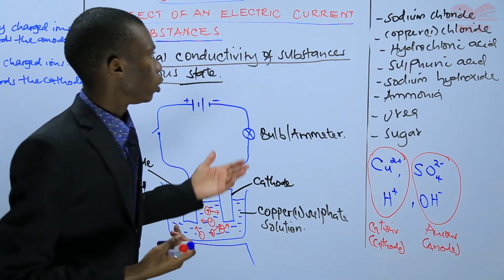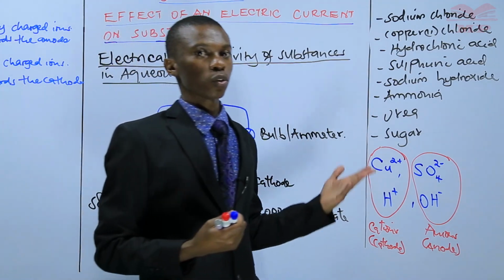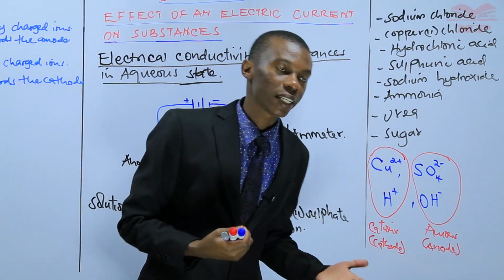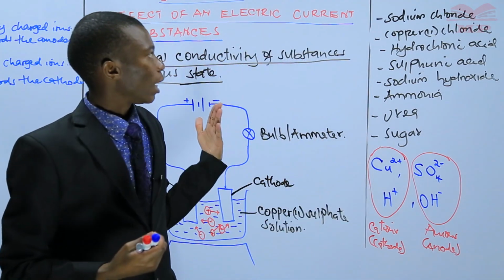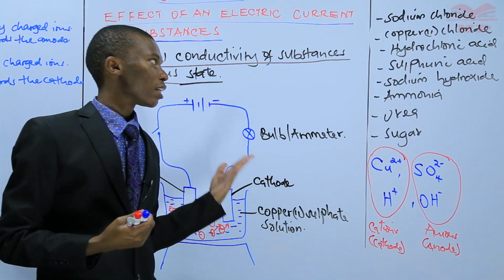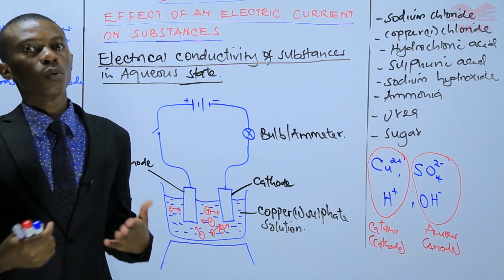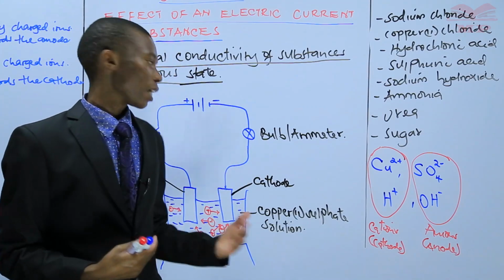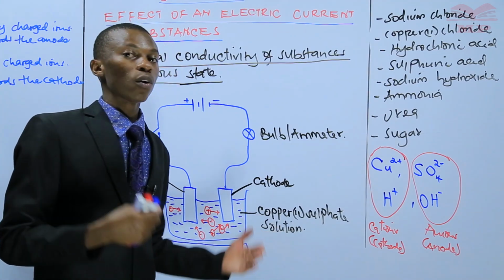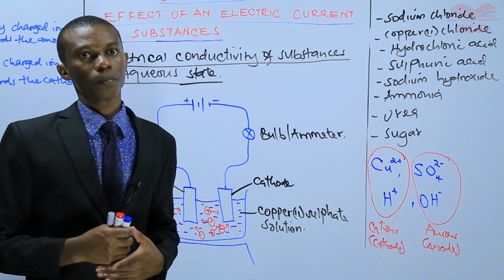So many substances conduct electric current. Sodium chloride will also conduct electric current in solution form or in aqueous state. Copper 2 chloride, hydrochloric acid, sulfuric acid, sodium hydroxide, and ammonia will conduct electric current, just like copper 2 sulfate, when they are in solution form.